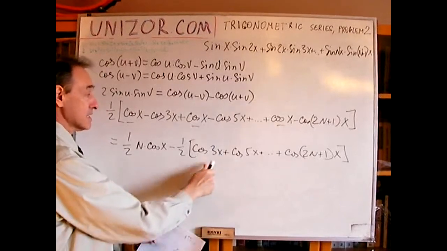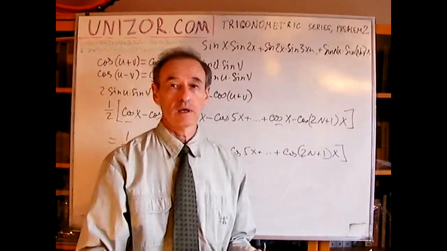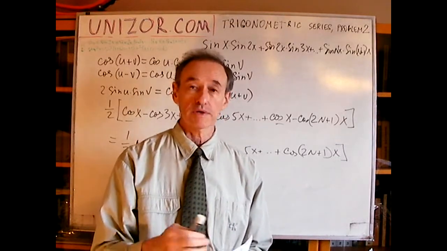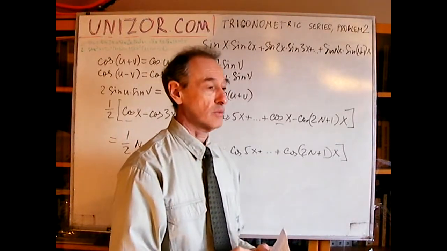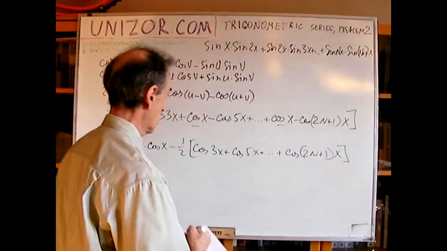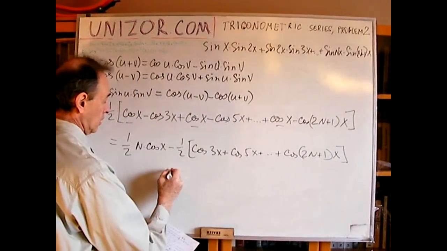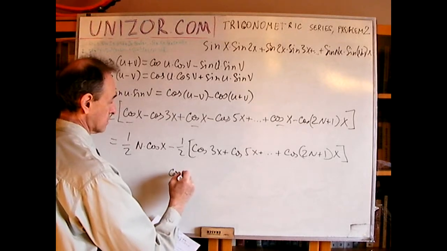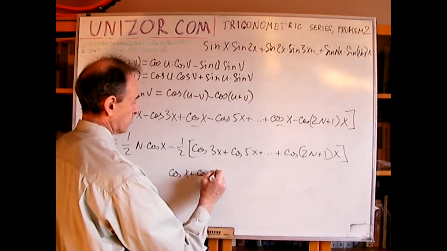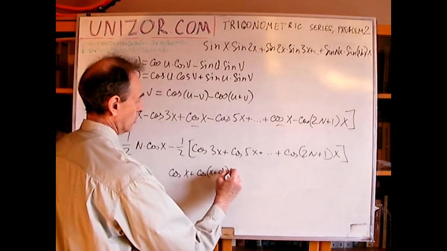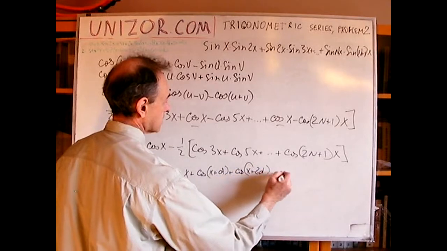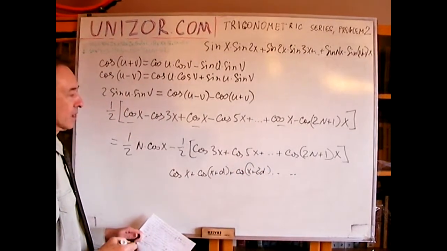Now, this is something which we have already done in the previous lecture. We were summarizing a more general series. It was cosine x plus cosine (x plus g) plus cosine (x plus 2g), etc. Remember this?